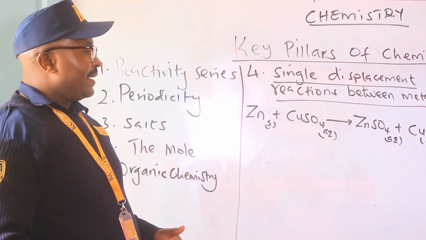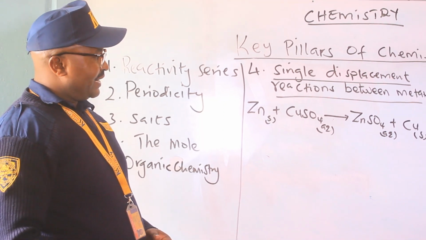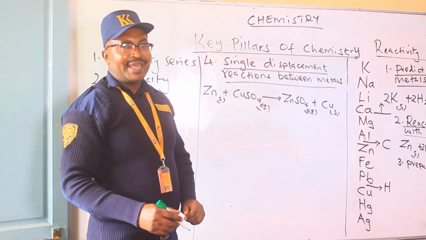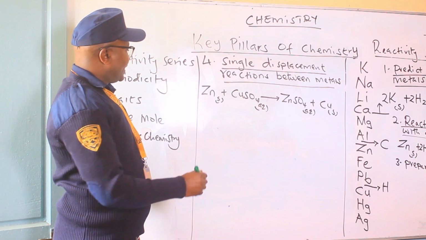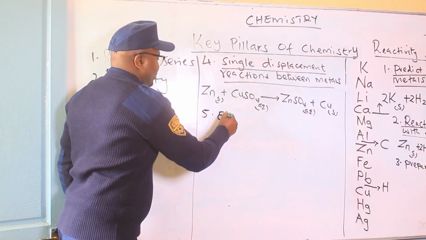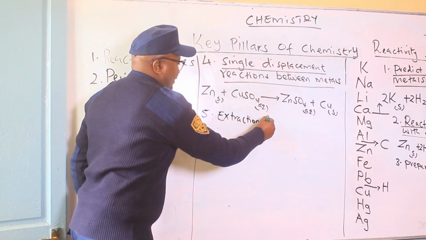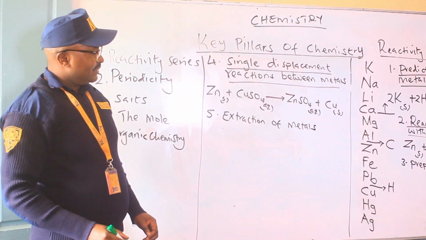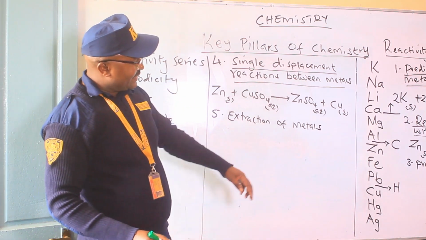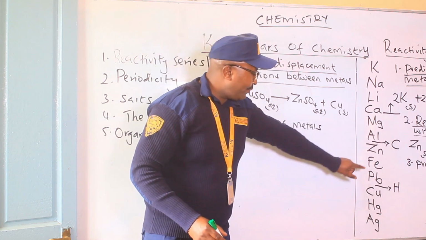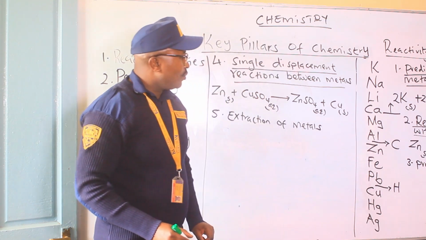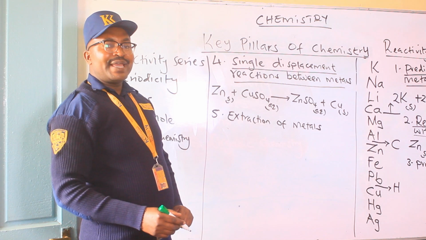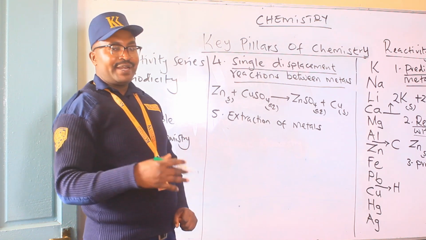Then the third benefit, and this benefit is in regards to where carbon is placed in the reactivity series. And this is when it comes to extraction of metals. You find that some of the metals, that is zinc, iron, and lead, which are below carbon in the reactivity series, will be extracted from their ores by reduction.